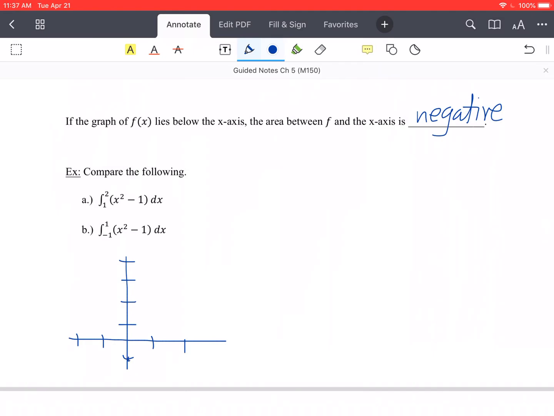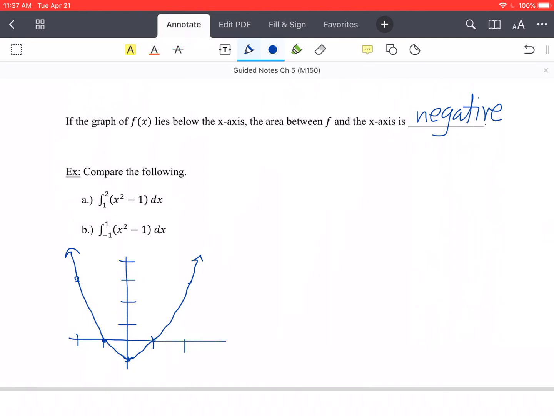The point 0, negative 1, the point 1, 0, and negative 1, 0, the point 2, 3, negative 2, 3. So this is going to be roughly what our curve looks like.